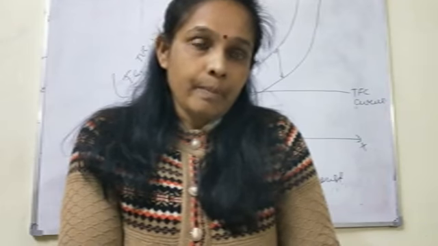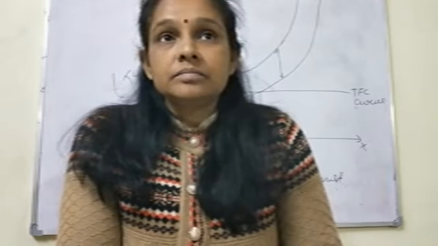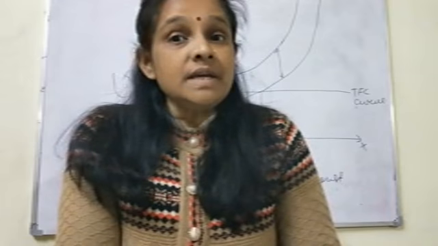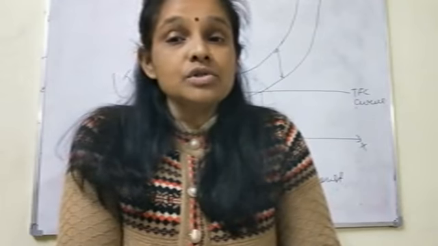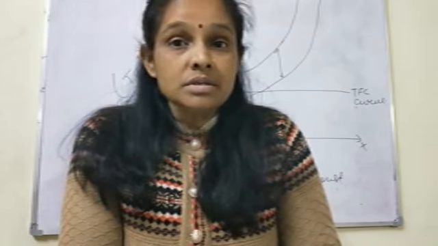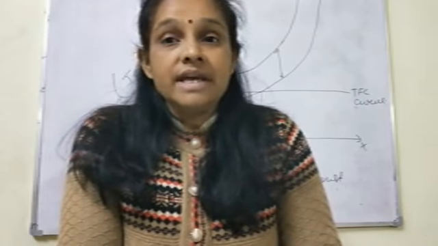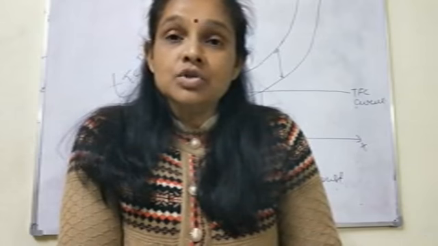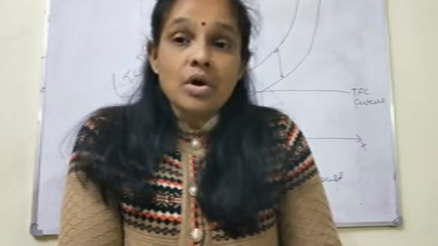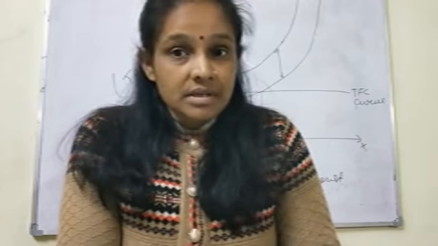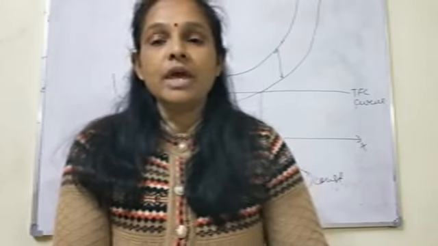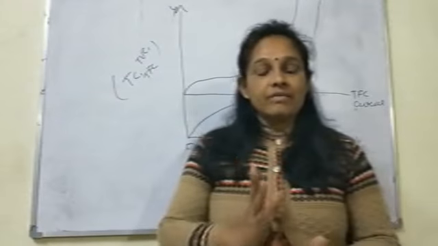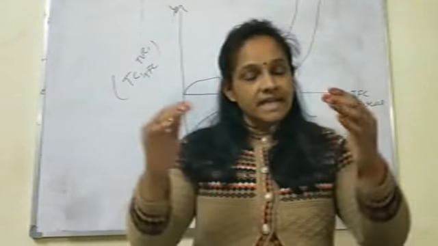Third, the TFC curve is horizontal to the x-axis because total fixed cost does not increase with the increase in output. Okay, so just now I have completed total cost, everything.